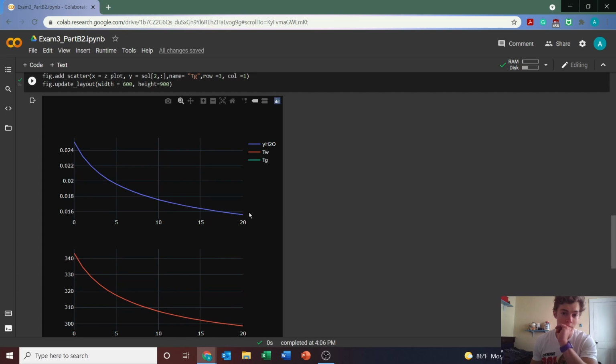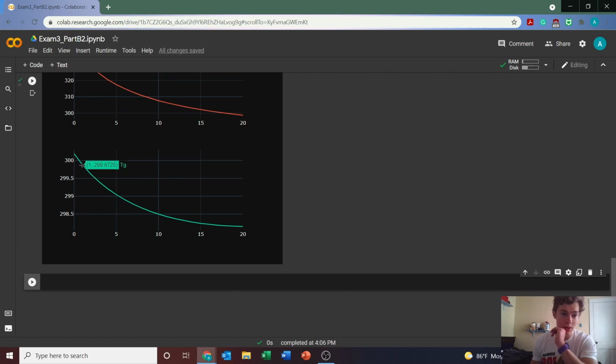And then if we look at the temperature of our water, at the top of the column we see that our water is pretty hot, and then at the base of the column we see it gets cooled from our air. And then the temperature of our gas, at the top of the column we expect it to be hot because it's cooling all of our liquid water, and the water vapor entering into it is already hot and heating up that gas.